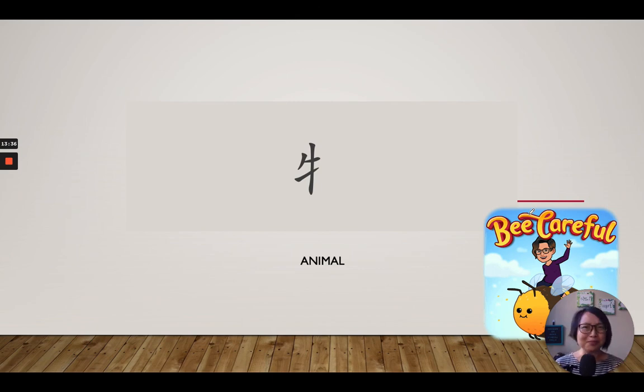So sometimes when we look at this radical, it does not really give us the meaning. Just like the word 特別, well, I have to say it's not totally related to animal. So here we go. Here are the words that we are learning with the radical 剔手邊.